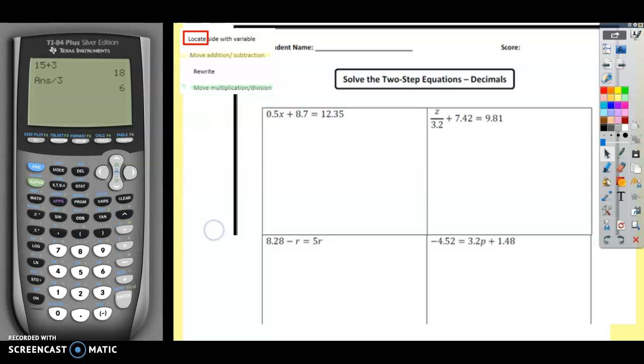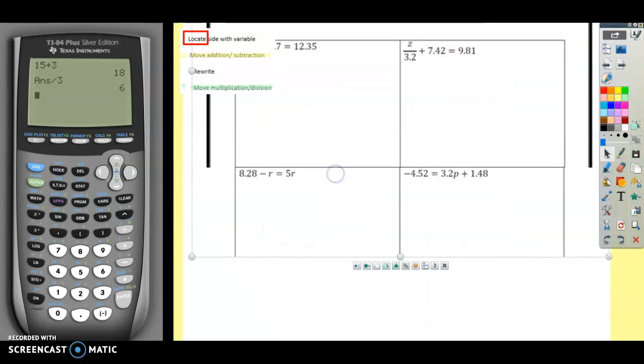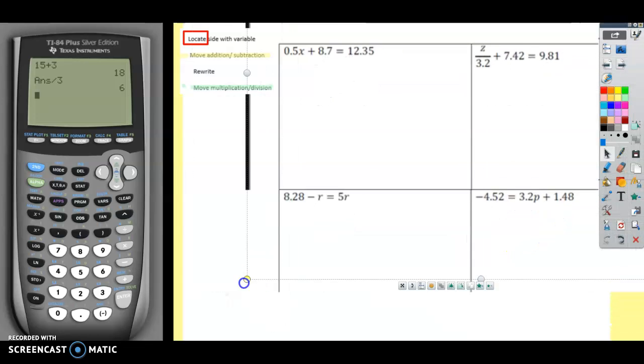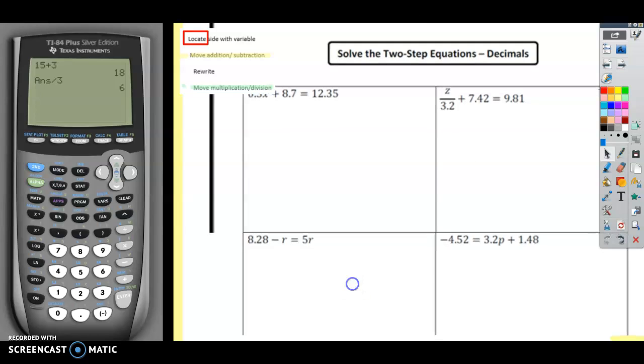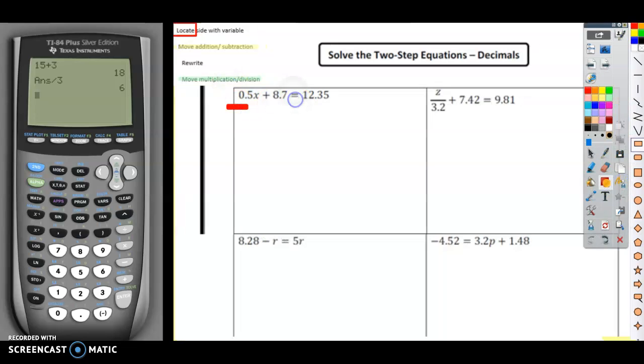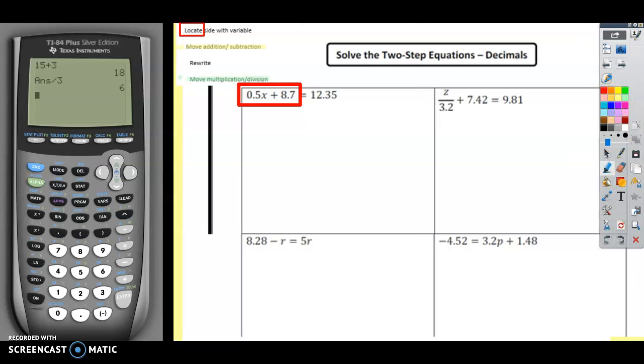All right, so taking a look at this top left example, I'm going to make it a little bit bigger. Top left one here. I'm going to look for the side of my variable, which is on the left-hand side. Looking at my two operations, I have a plus 8.7 going on there, and I also have a multiplying of 0.5.